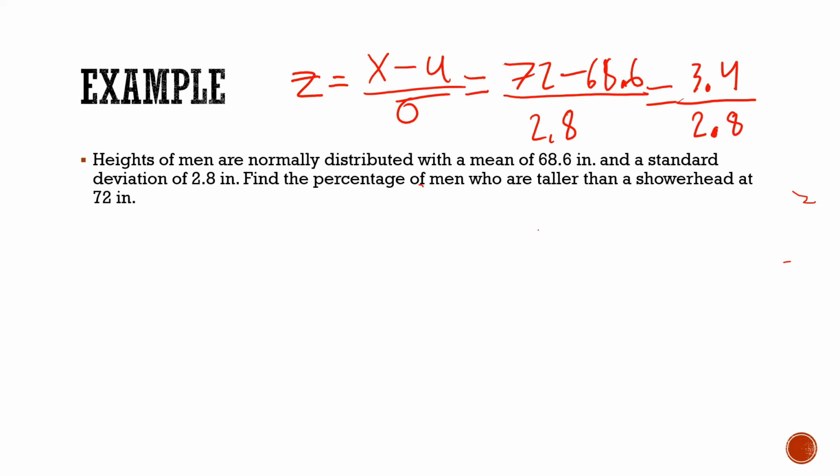Well, that would be the ratio, approximately 1.21. Notice the 3.4 and the 2.8 are both measured in inches, so Z is a ratio. It doesn't matter what units you use, and nor should it.